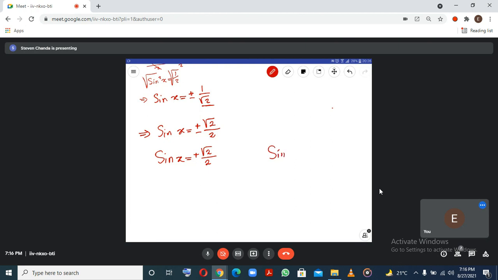Now once you've got an equation like this, you are looking at certain things, right? So in which quadrants is sine going to be positive? It's in the first and what? First and second. Then where is it going to be negative? It's going to be negative in the third and fourth, which is this one, right?